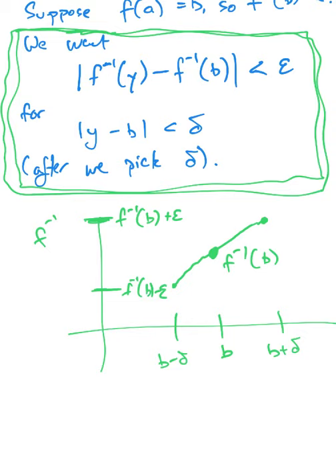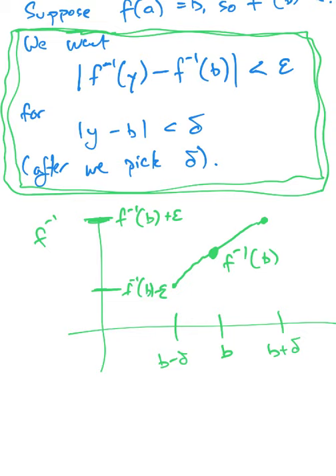We can always make delta smaller, unless B is literally an endpoint of your domain. That's fine as far as the proof goes, but you have to add a thing. I'll try and say something about that. Right now we're just doing the intuition.